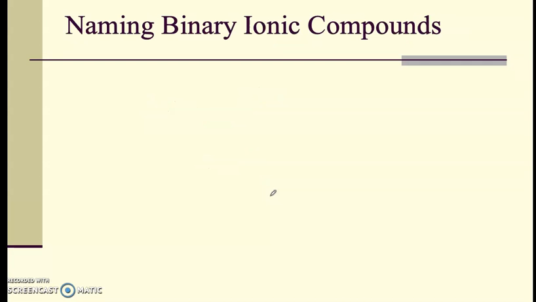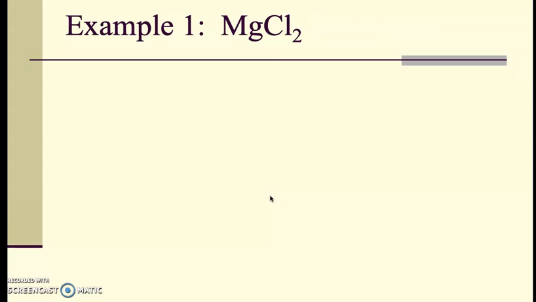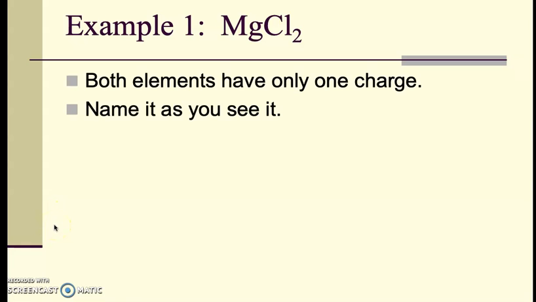Now let's look at naming binary ionic compounds. In this case, let's start out with the formula. The formula is given, then you have to write the name. Let's just say we have MgCl2. In this case, both elements only have one charge. There are a couple of steps we have to be familiar with, because we have to watch out for transition metals. Both elements have only one charge, so name it as you see it.